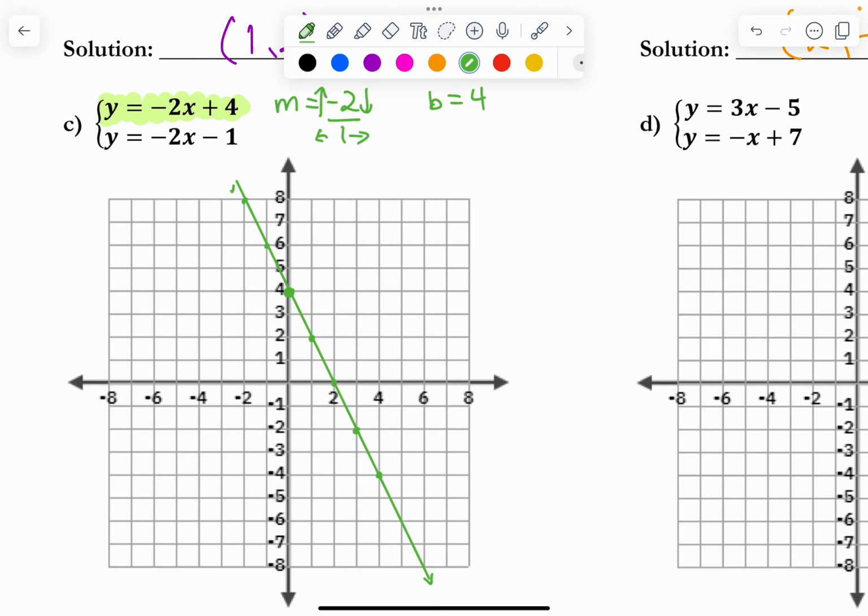Because our B is essentially our starting point and our slope is negative 2 over 1, right? On my second line, my orange one, our starting point is negative 1, and because the slope is the same, negative 2 over 1, they're never going to catch up to each other, right? They're going to be running next to each other.